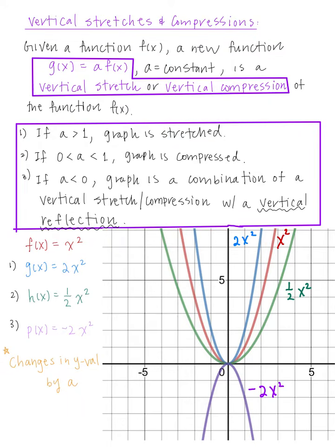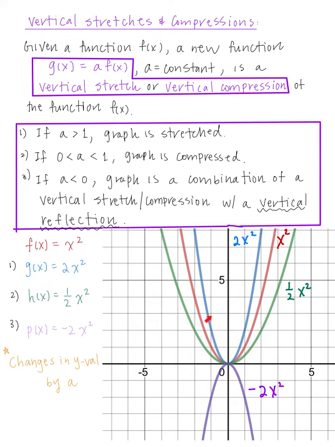Now let's look at our p of x. For p of x, I multiply the mother graph by -2. So we have p of x equals -2x squared. That is this purple graph here. Do you see something here? Look at the blue graph. Which function is g of x? G of x is 2x squared. Now if I multiply by a negative, what happens?